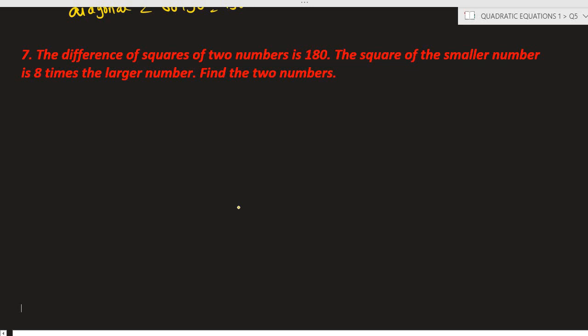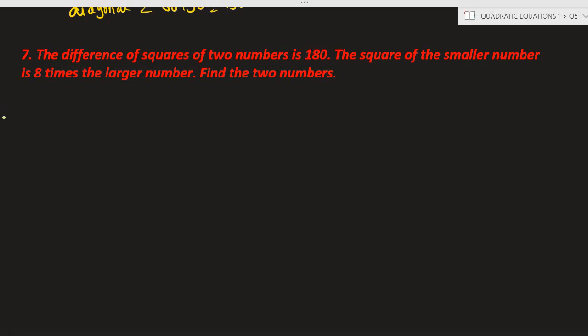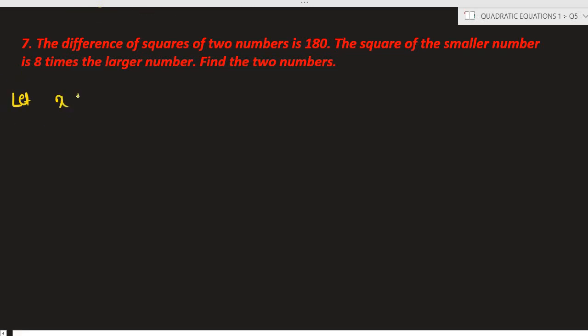The difference of the square numbers of the two numbers is 180. The square of the smaller number is 8 times the larger number.